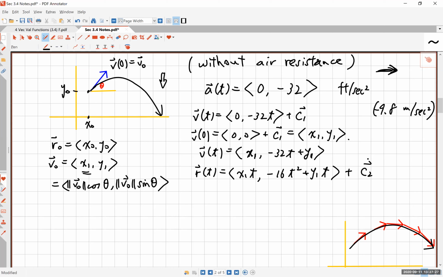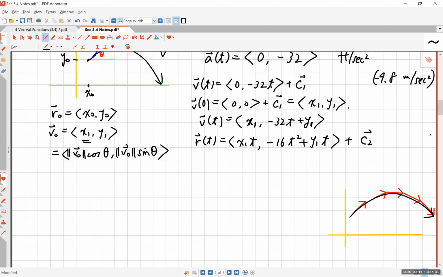Okay, so you probably are familiar with this. It is plus here. And so this is something that you may have seen even before you took calculus, like in pre-calculus class or something. All right, and so r sub 0, of course, this is 0, 0 plus c2, and that is x naught, y naught.